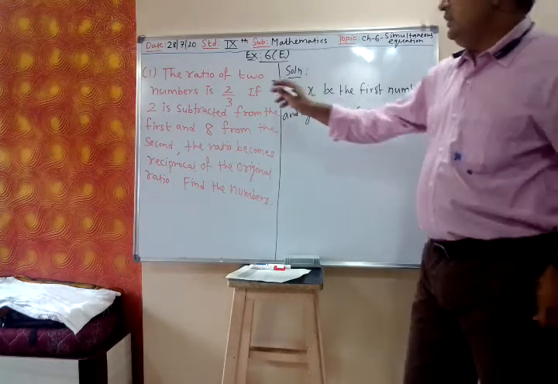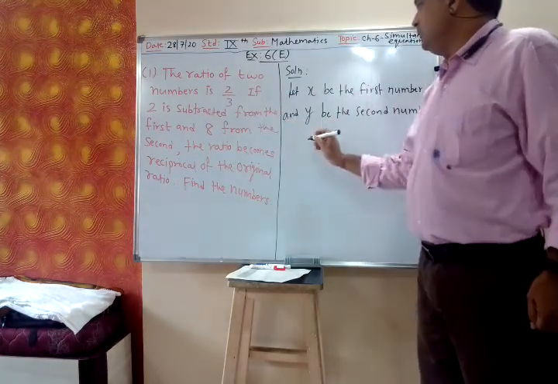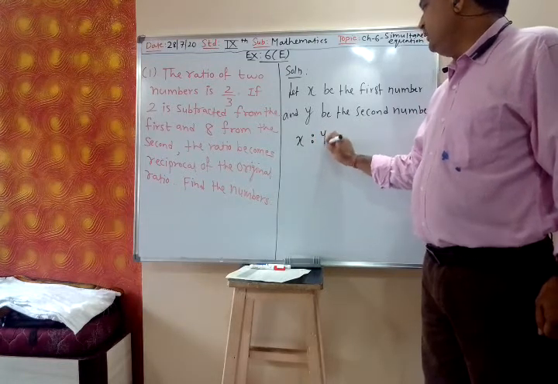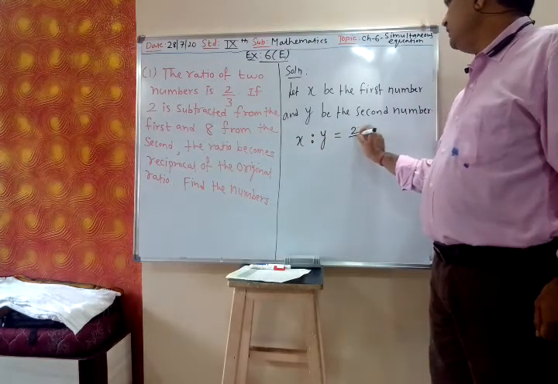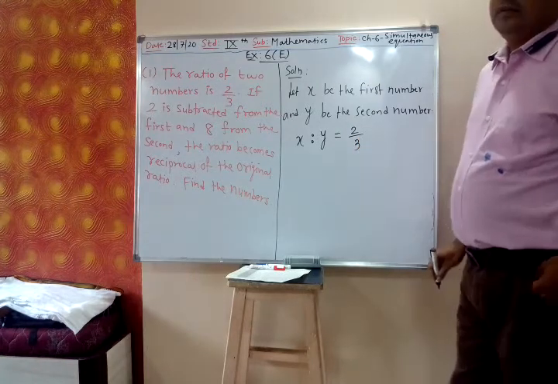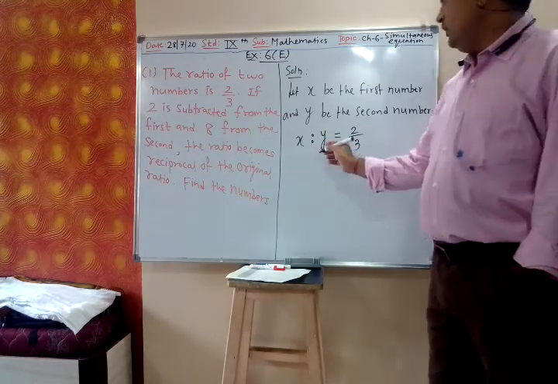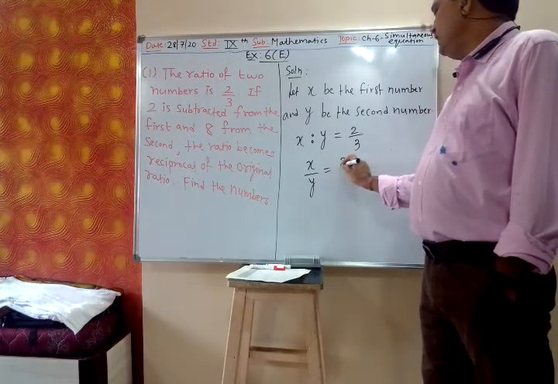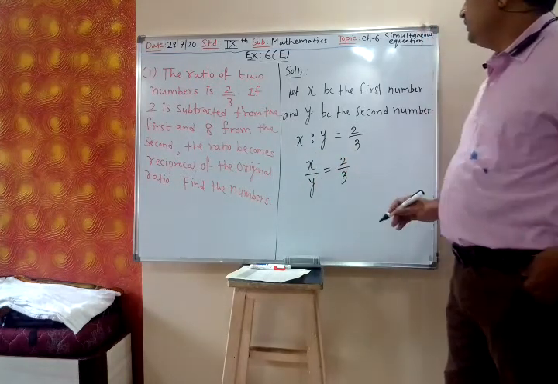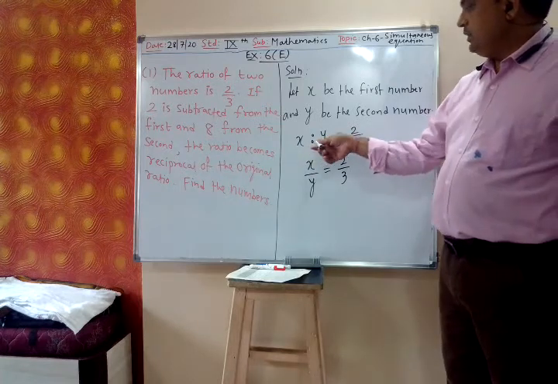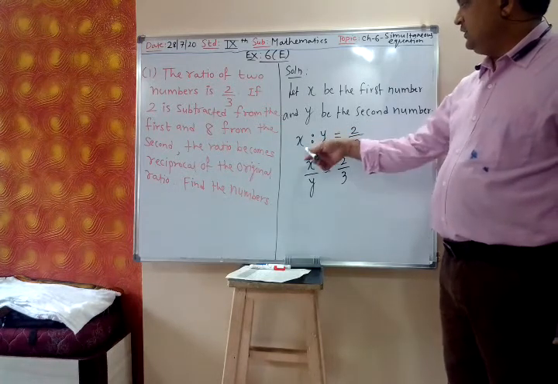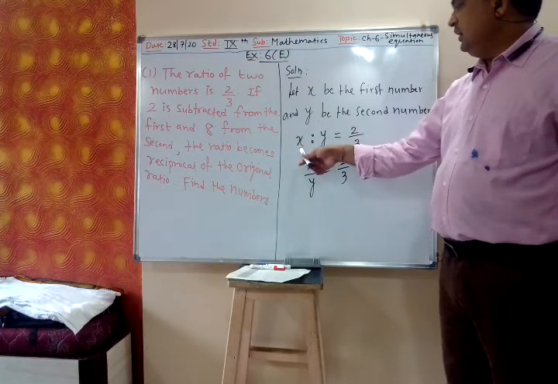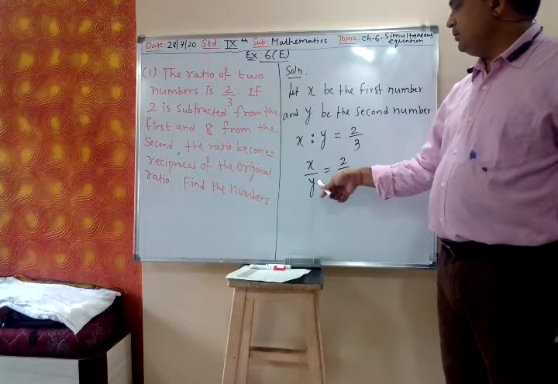Now what is given? The ratio of two numbers is 2/3. Means the ratio x ratio y is 2/3. Now x ratio y is the same as x upon y. Their ratio is 2/3, x ratio y means x upon y.